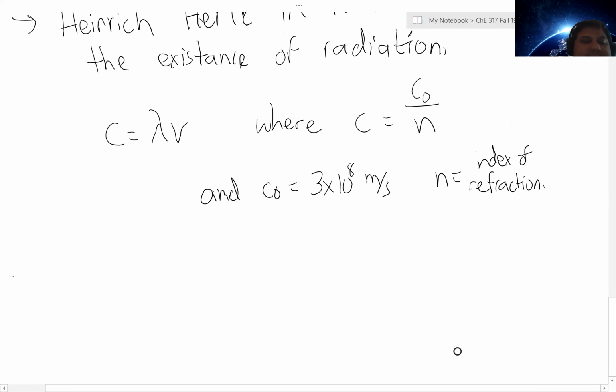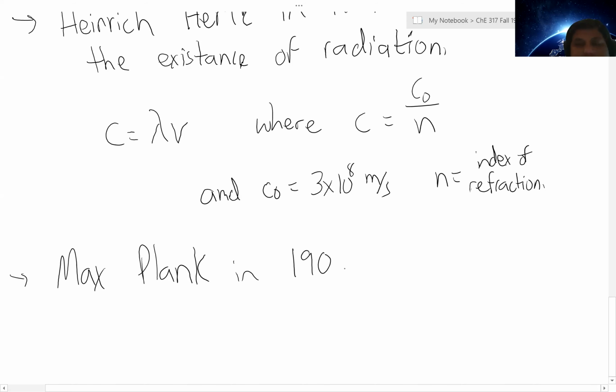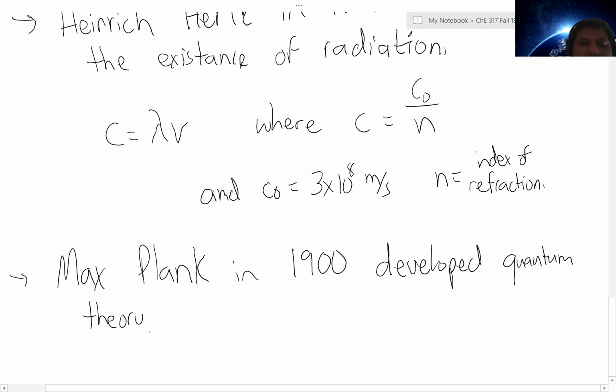Then, around 1900, Max Planck developed what we know as quantum theory. Which stated, well, we know about this emission, but what can we say about the energy associated with this emission, right?